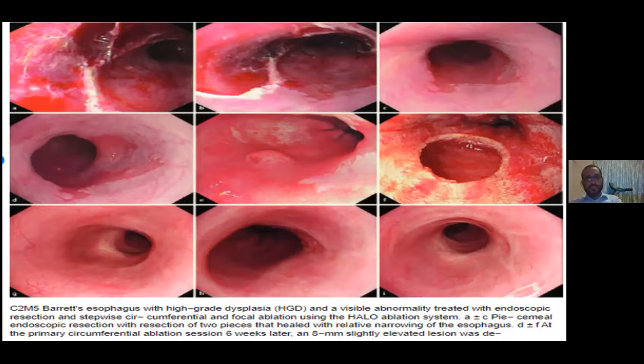It was treated with endoscopic mucosal resection followed by radiofrequency ablation. The last three, G, H, I, the last one I was reviewed 3 months after radiofrequency ablation, which clearly shows much improvement.